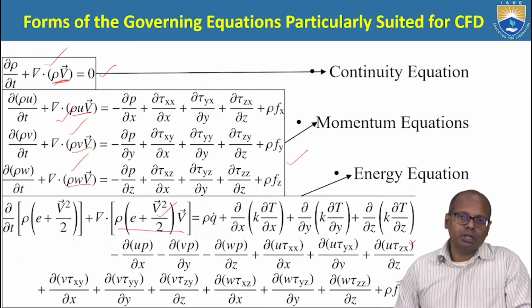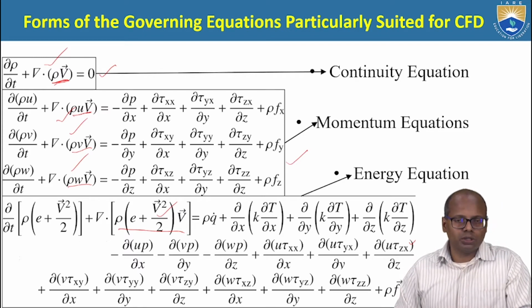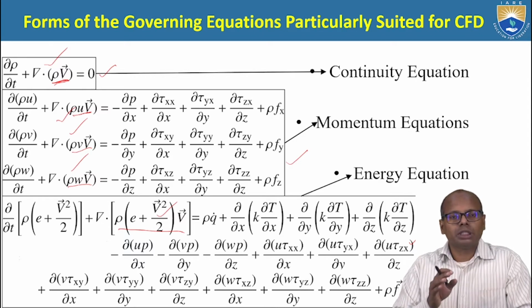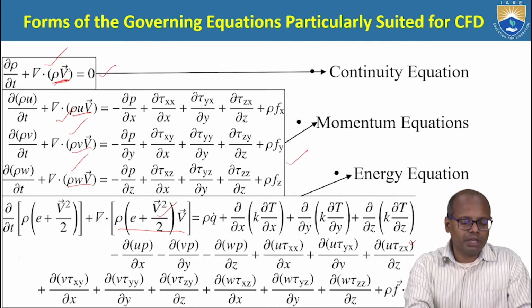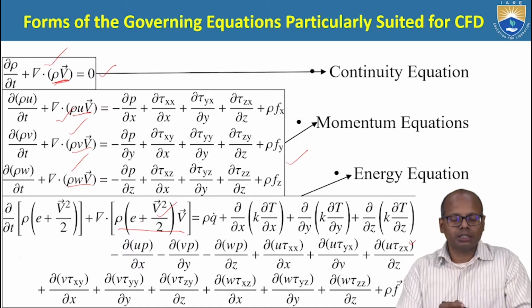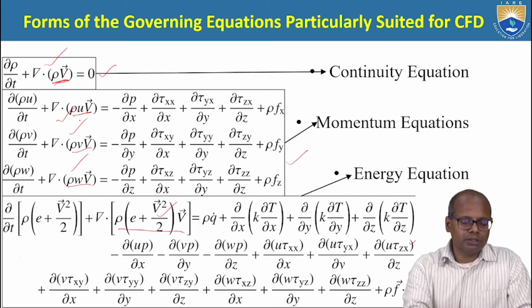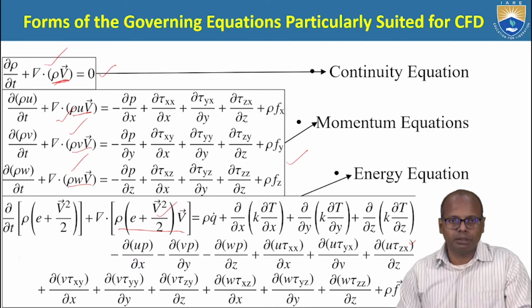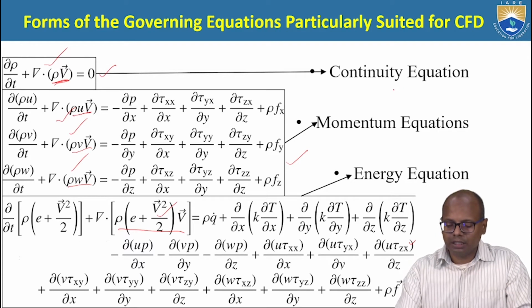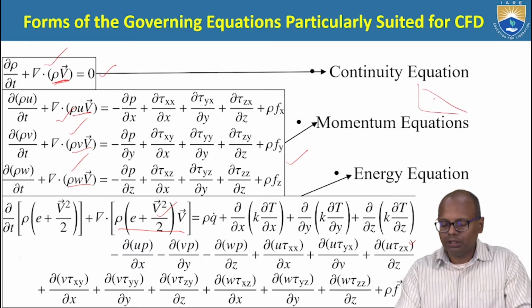If you see any commercial code like CFX or Fluent, they will give the values or the errors in evaluating these terms. These flux terms they will evaluate, and they will see that the error in calculating these terms is minimum, and that is given in the form of a graph like this.